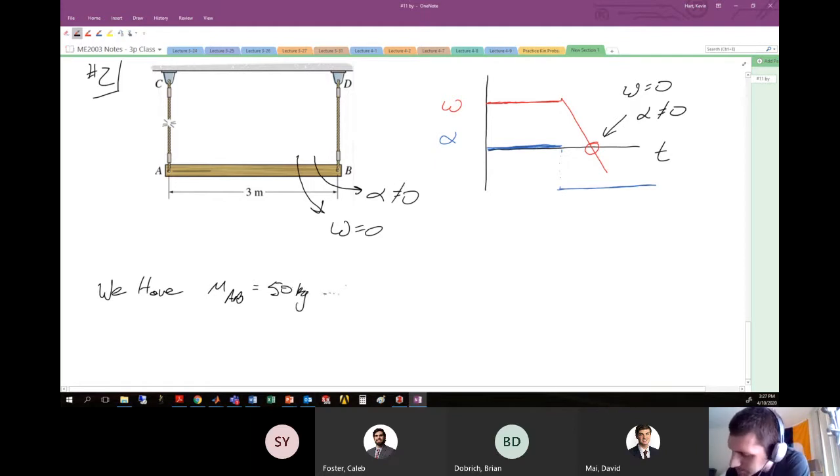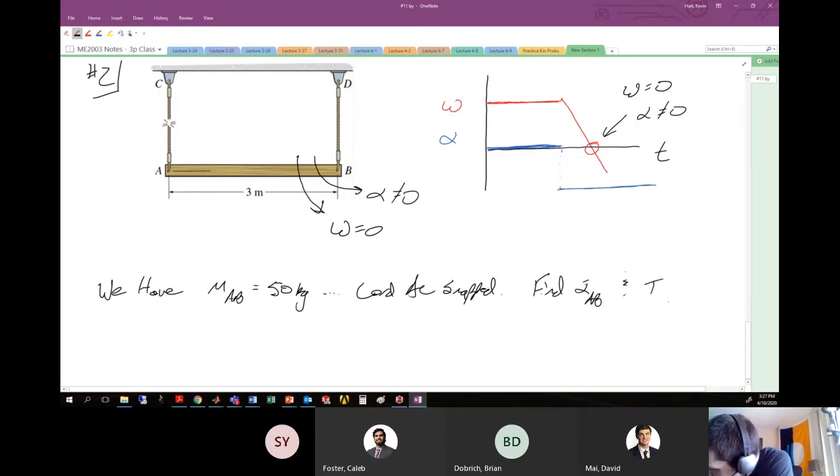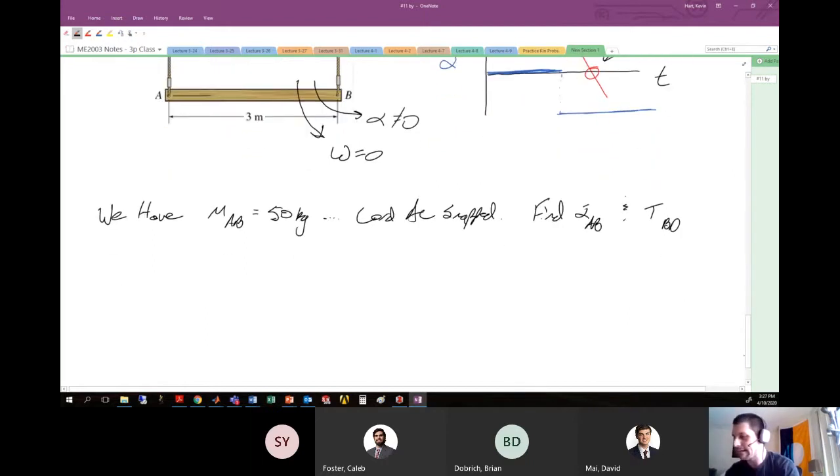And we're also told that cord AC snapped. We want to find the angular acceleration of AB and the tension in BD right when this occurs. All right, so away we go. Free body diagram.